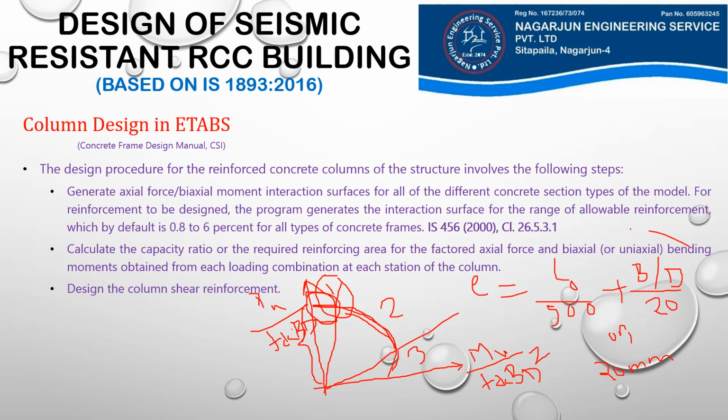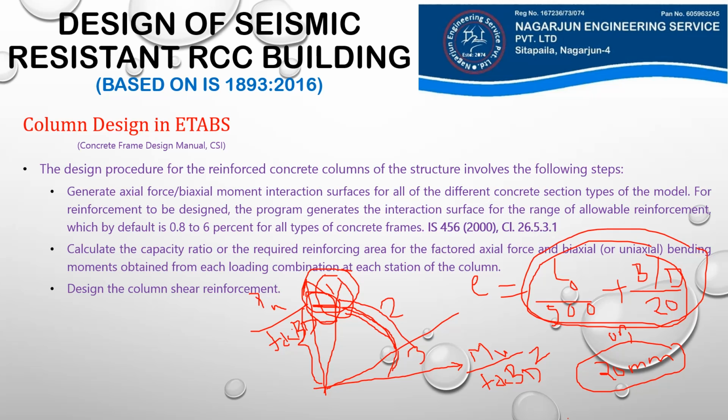So from this formula, if we get the eccentricity value to be less than 20 mm, then we have to take the minimum value of eccentricity as 20 mm. Otherwise, if we get the eccentricity greater than 20 mm from this formula, then we have to use that eccentricity. And using this minimum eccentricity, we design the column in this region 1 for minimum moment carrying capacity. So this is the minimum eccentricity region.